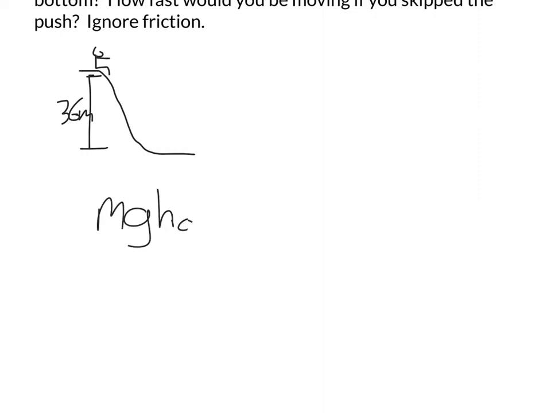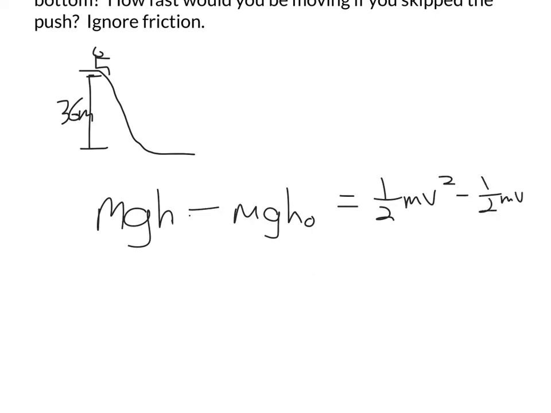So the mgh final minus the mgh initial will be the change in gravitational potential energy, equal to, on the other side, whatever the change in gravitational potential energy is turning into kinetic. So we would say half mv final squared minus half mv initial squared.